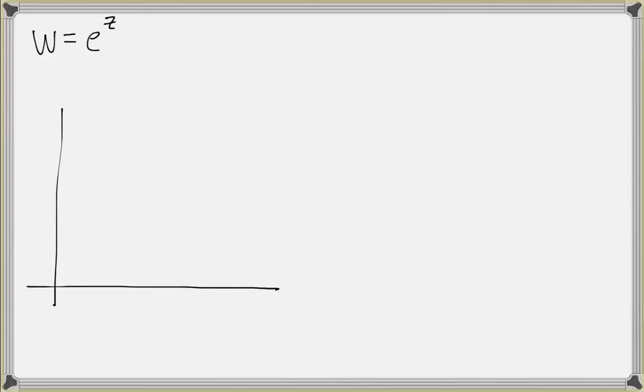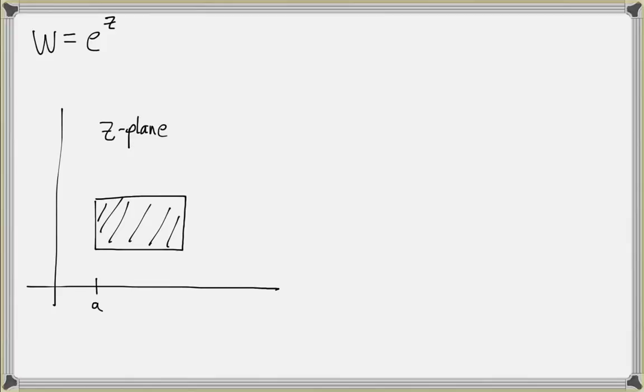So now that we know how e to the z maps vertical and horizontal lines, let's see the image of a rectangular region in the z-plane. So let's say that this vertical line is at x equals a, and this edge is on the line x equals b, and the heights of the horizontal edges are at heights c and d.